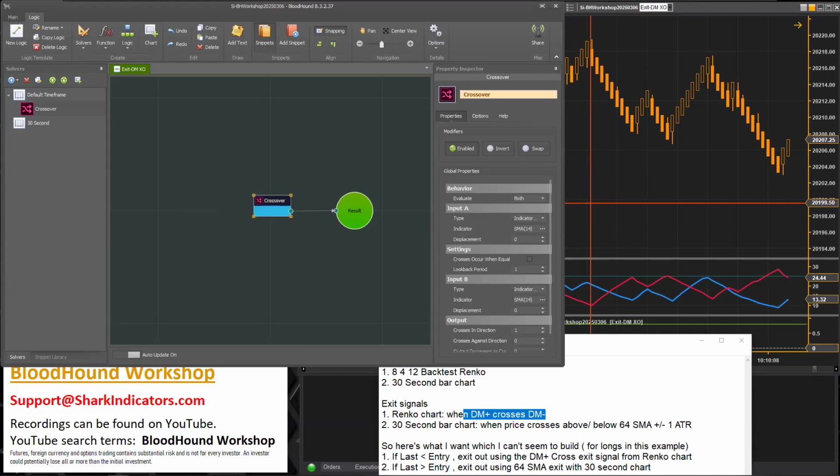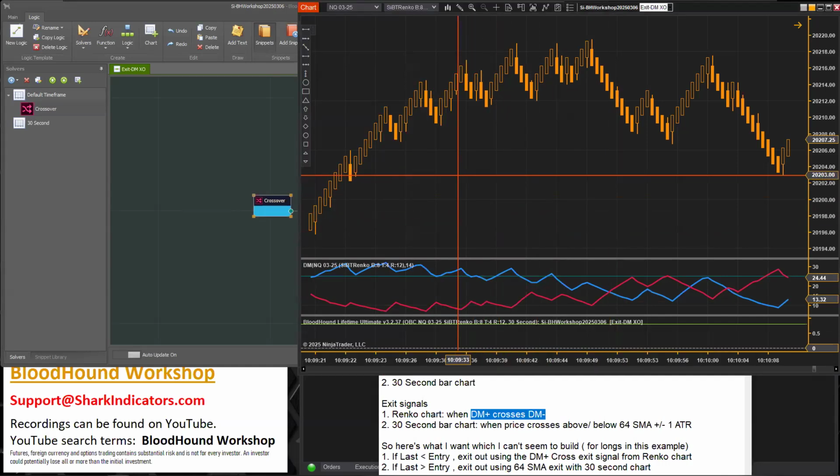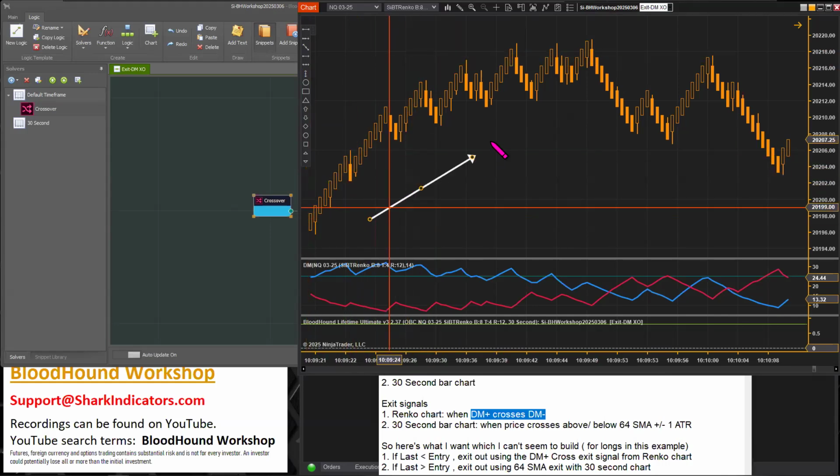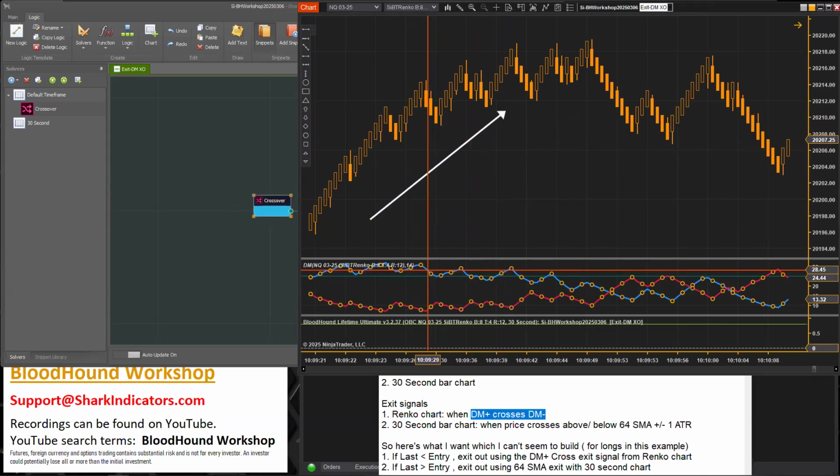Again, let's just verify what is crossing what for a long trade versus a short trade. If we're in a long trade, the DM plus is going to be above the DM minus. So if the DM plus crosses down, then we want a short signal.